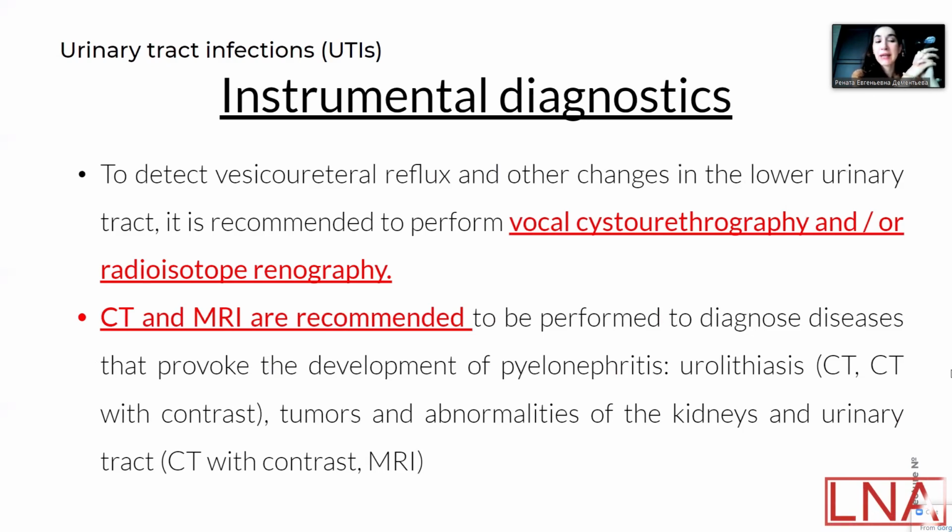CT scan and MRI are recommended to diagnose diseases that can lead to pyelonephritis. For example, to confirm urodynamic disorders, or the presence of stones, a CT scan with blood contrast. To confirm tumors and abnormalities of the kidney and urinary tract, usually a CT scan with contrast or MRI is recommended.